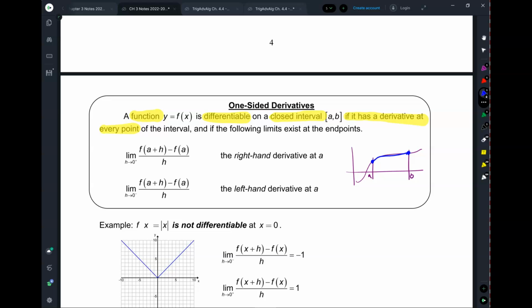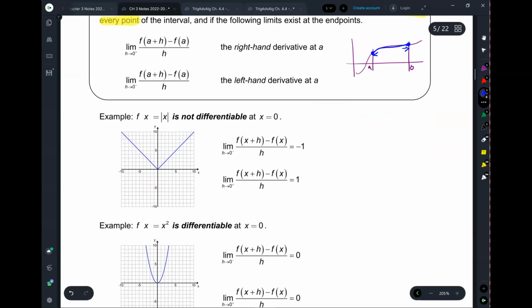But also, what about the endpoints? You have to see that it's differentiable from the right-hand side if you're looking at this endpoint, and from the left-hand side if you're looking at that endpoint. Now, let's take a look at where something is not differentiable.